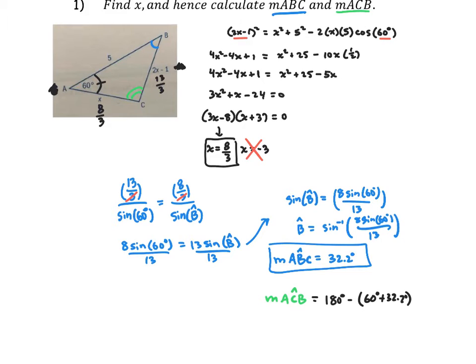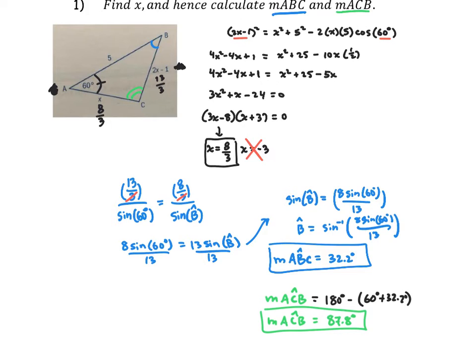All right, so the measure of angle ACB comes out to equal 87.8 degrees. Okay, now one thing to be aware of is that sometimes images are not quite to scale, so don't let that hurt your feelings. Trust the math, but also make some logical steps along the way.